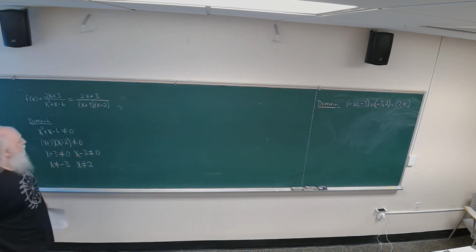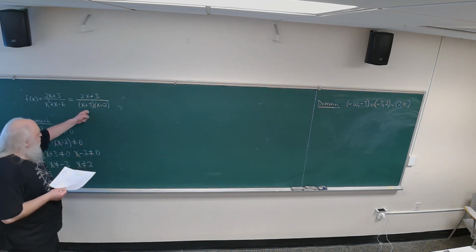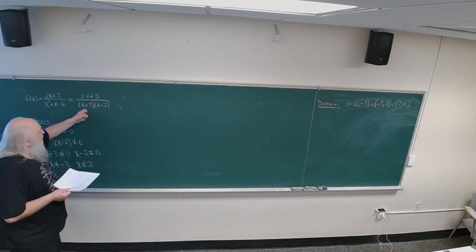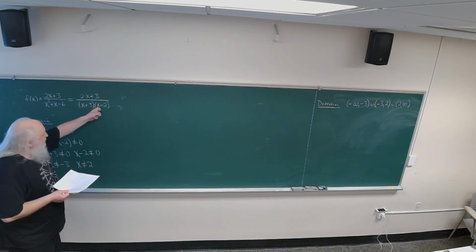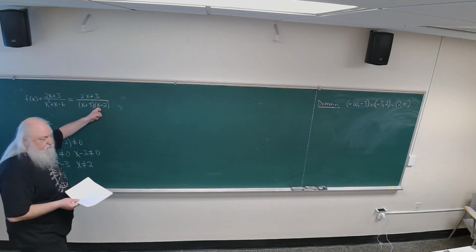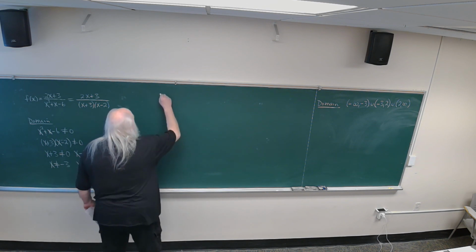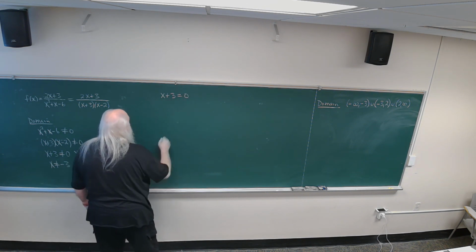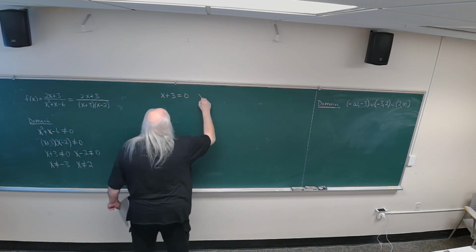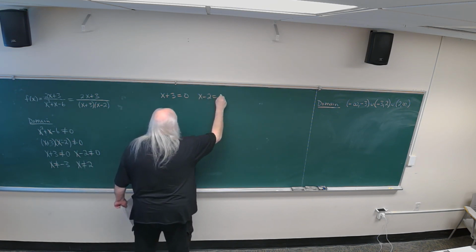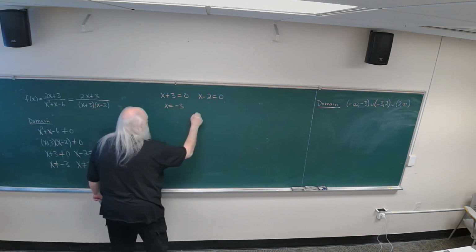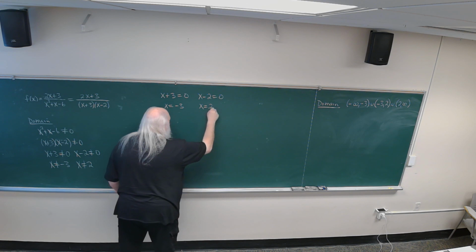Well, no common factors in the numerator and denominator. So to get the equations or the location of the vertical asymptotes, we set each factor equal to 0 and solve for x. So we have x + 3 equal to 0, and x - 2 equal to 0. And when you solve for x, you get x equals -3 and x equals 2.